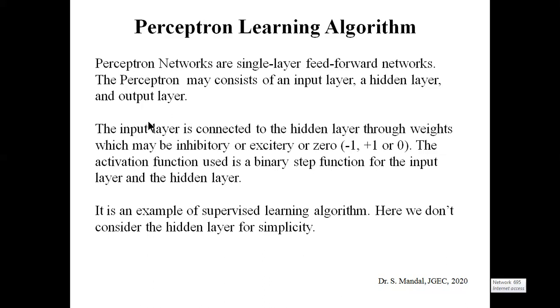Remember that in the Hebbian learning algorithm, the activation function is the identity function, which means the calculated value is the same as the output value. In the perceptron learning algorithm, we consider bipolar values and the step function as the activation function.